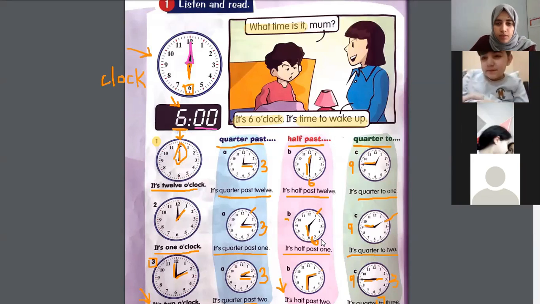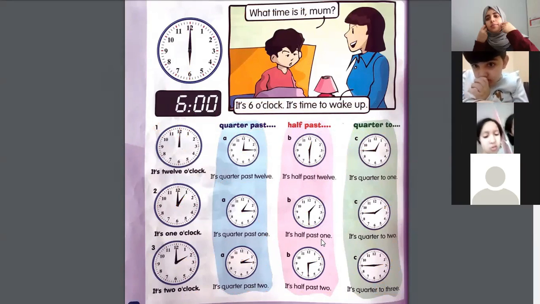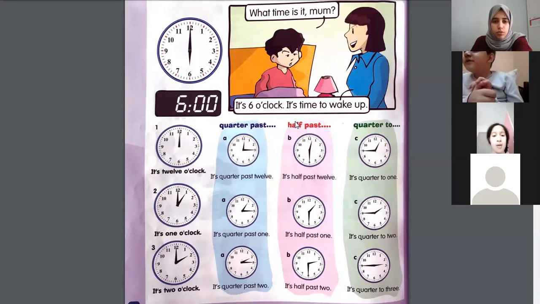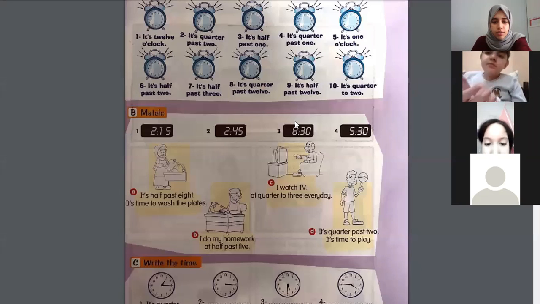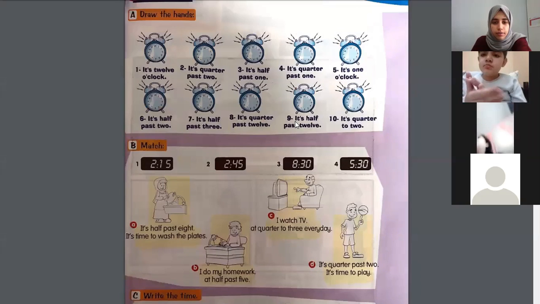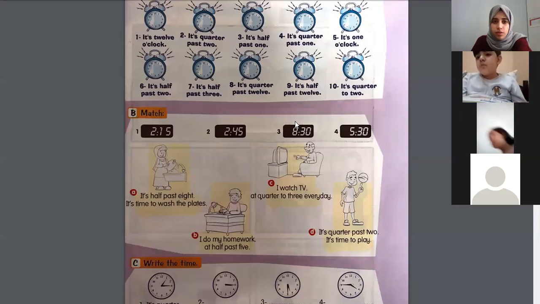So stay on the same page. We're going to start solving the examples on page 37. The first thing we are going to need to do is draw the hands.